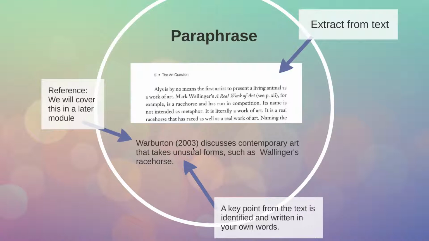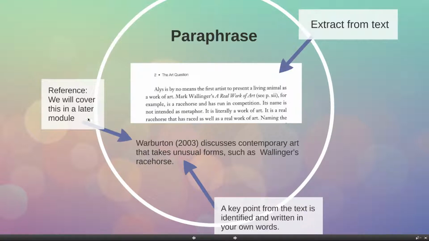And I'm not going to go on about that at great length here, but when you come to the referencing module, you'll discover precisely why. Warburton, 2003, discusses contemporary art that takes unusual forms, such as Wallinger's racehorse. So, extract from text, point has been identified, it's been written in your own words, and it's been referenced. That's a paraphrase.